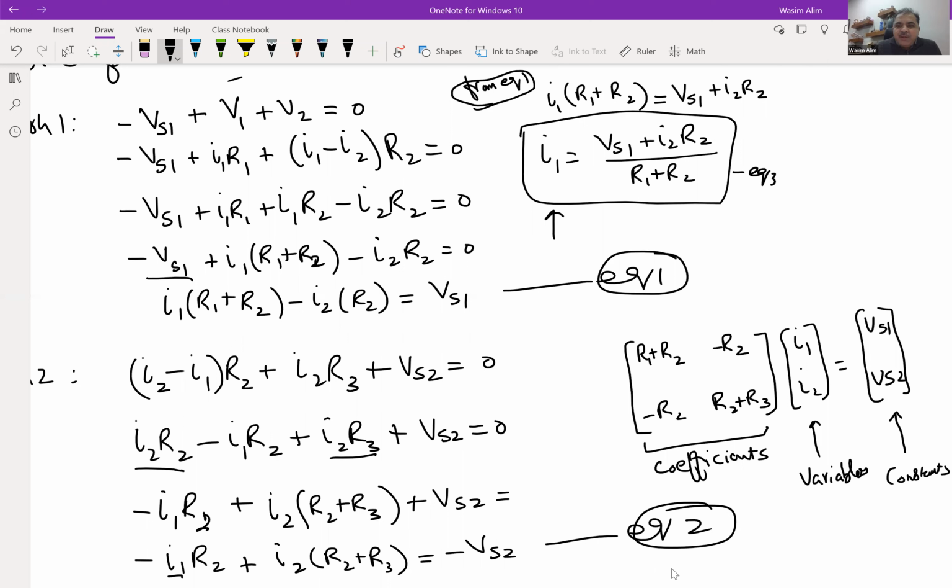And whatever the value of I2 is, you bring it here, and you will solve for I1. So same process that we used in the node voltage analysis, we use here. The only difference is that the quantities have interchanged between the voltages and currents, and the way we set up equation by observation of the circuit is slightly different.